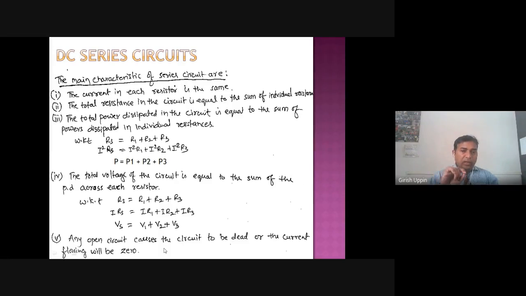If there is any disconnect anywhere in the series path, if there is any open wire, then the current will be zero. As long as it is connected, only then will the current flow. If there is any disconnect or open circuit, current will cease. The circuit will become dead.